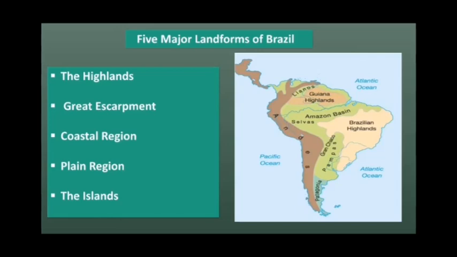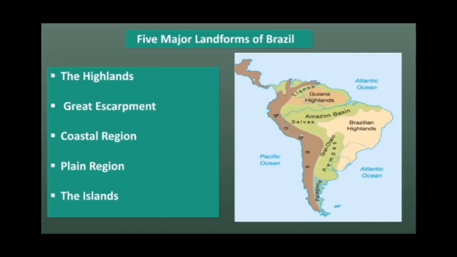That part of the mountain is called the escarpment. At the eastern part of Brazil, near the coastal area, we can see an escarpment, near the states like Sao Paulo, Porto Alegre and Rio de Janeiro.